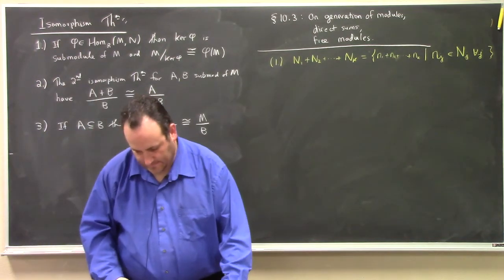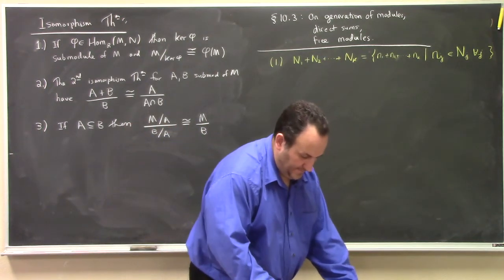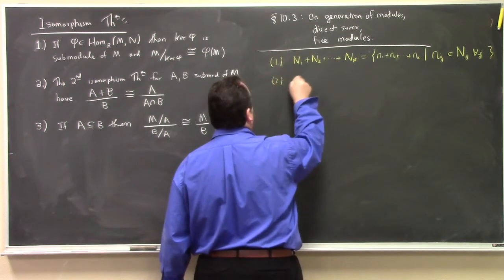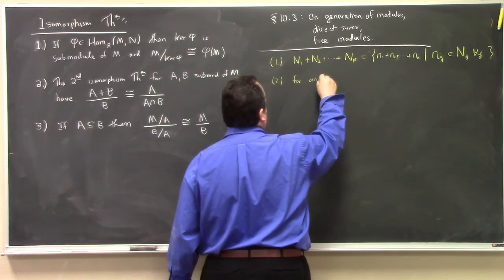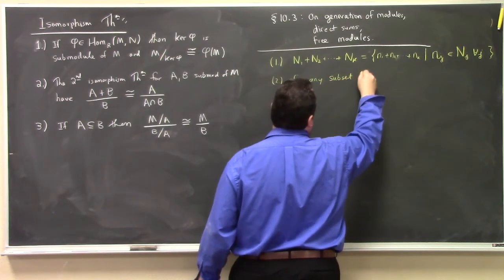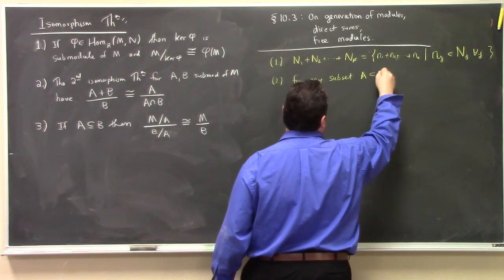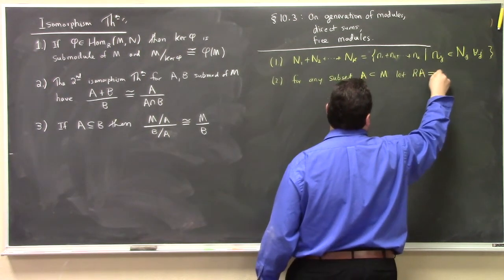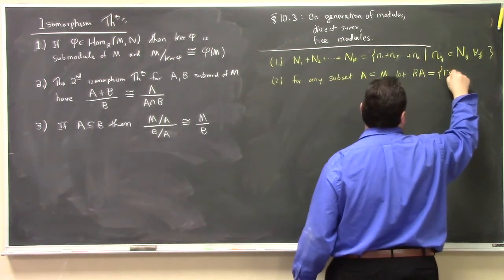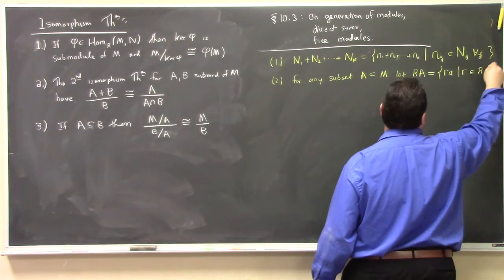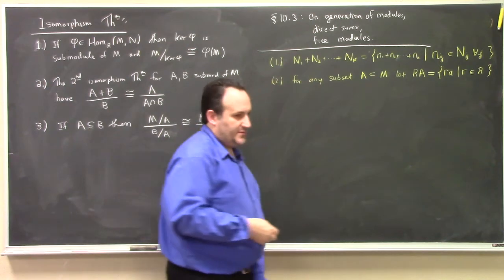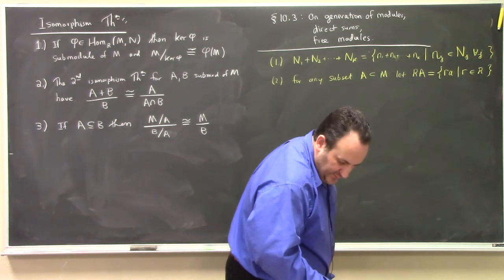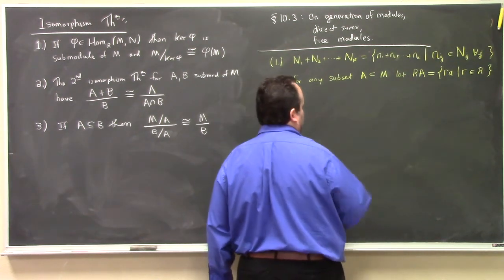All right. And for any subset A of M, let RA equal the set of r·a such that r is in R. So it's all R multiples of things in A. Oh, that's not what it is. My bad. That's too simplistic.